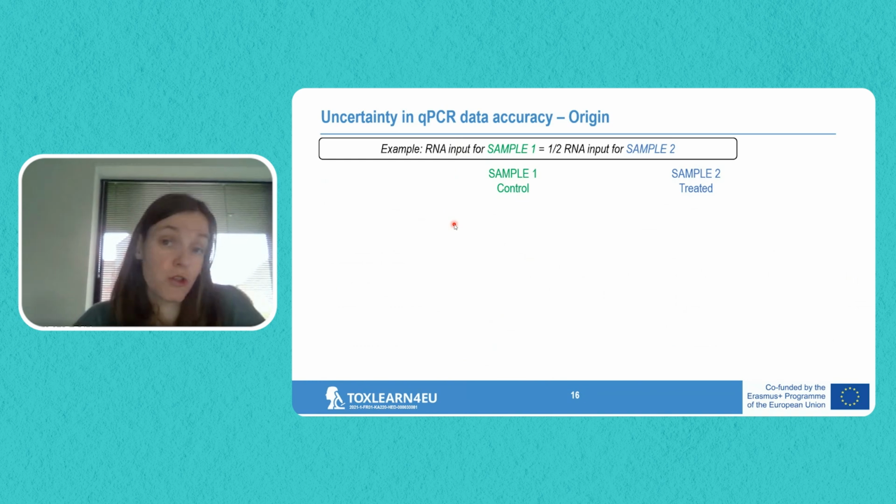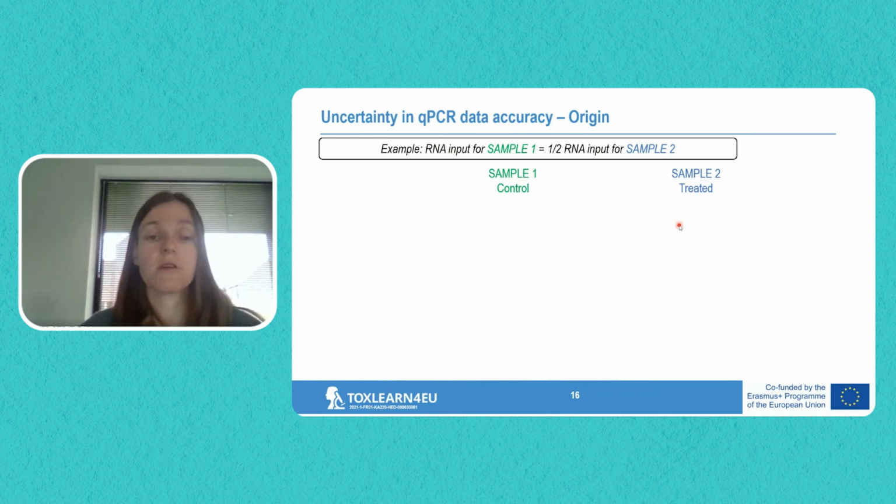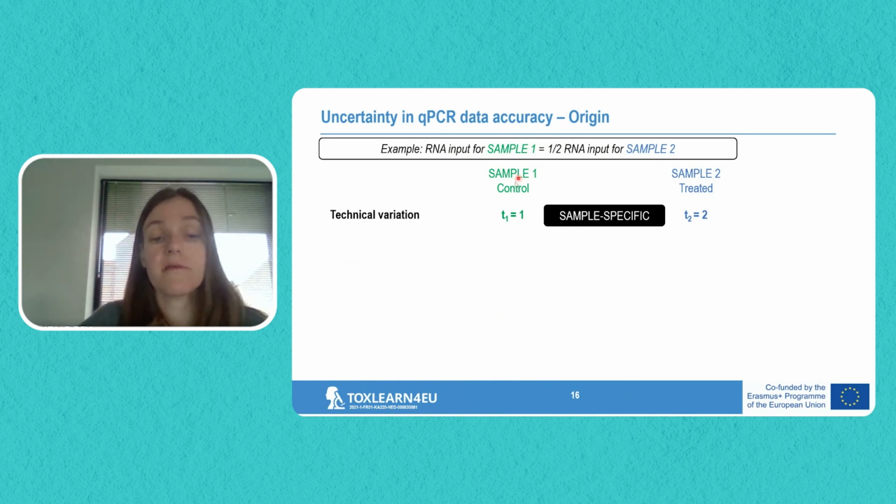But maybe due to a technical issue, a mistake that you made in the lab, the RNA input for sample 1 was only half that of the RNA input for sample 2. So in sample 2, you used twice the amount of RNA compared to sample 1 in order to generate cDNA. So then the technical variation for sample 1 will be equal to 1. The technical variation for sample 2 will be equal to 2.